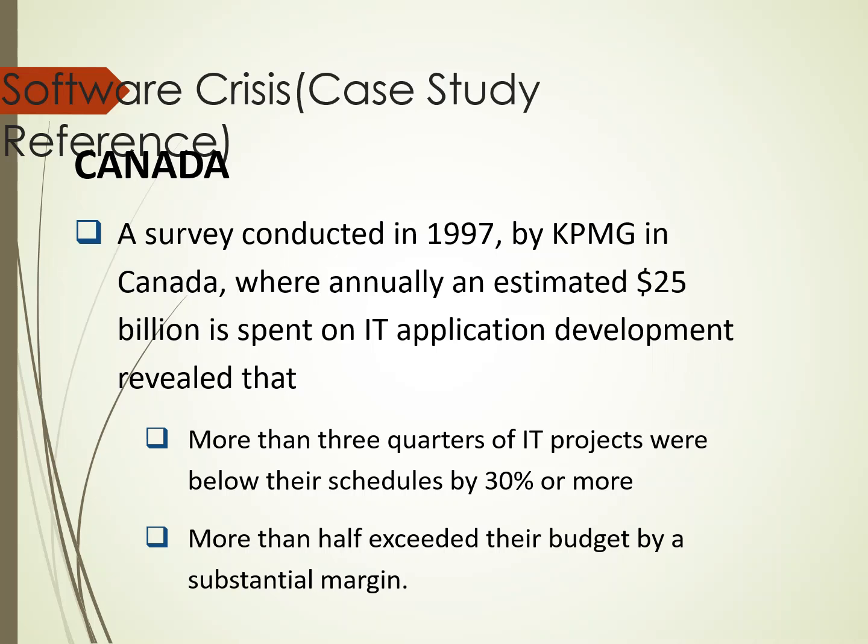And one software crisis in Canada: a survey conducted in 1997 by KPMG in Canada, where an estimated $25 billion is spent annually on IT application development, revealed that more than three-quarters of IT projects were behind schedule by 30% or more. More than half exceeded their budget by a substantial margin due to failure.